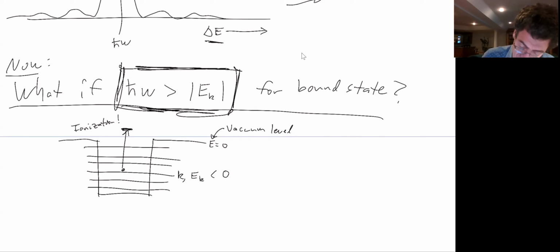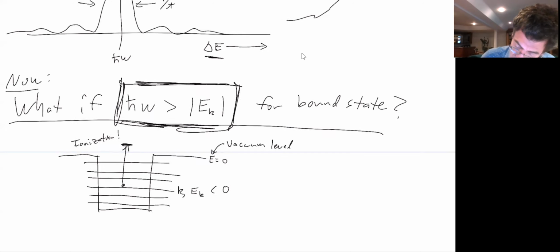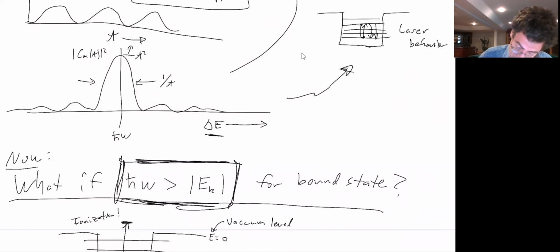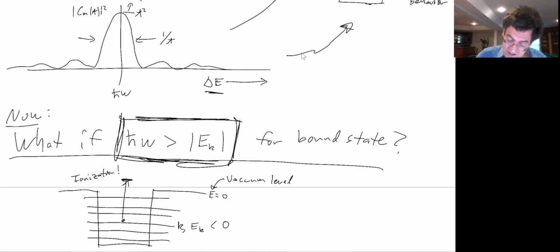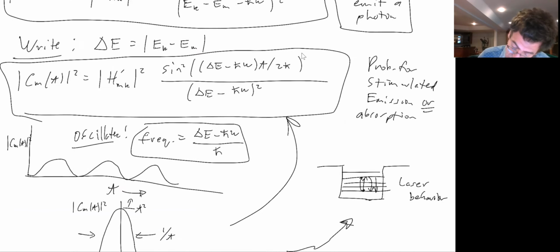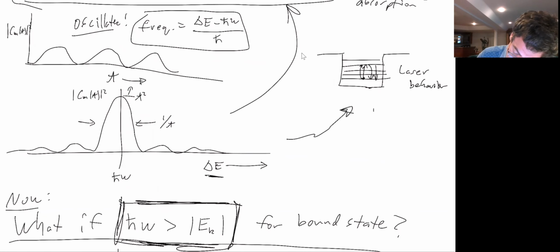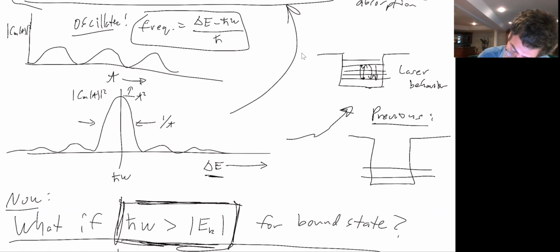And so this is a very special case, because before, in the other case, we were talking about going to discrete states. In this case, previously, we were talking about what happens when we go from this discrete state K to this discrete state M, from one bound state to another, from bound state to bound state.